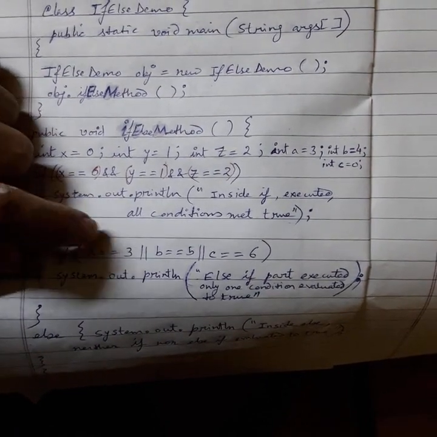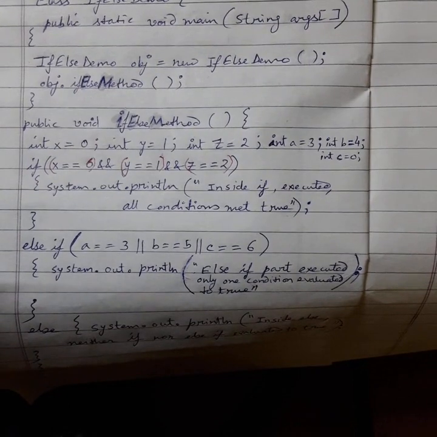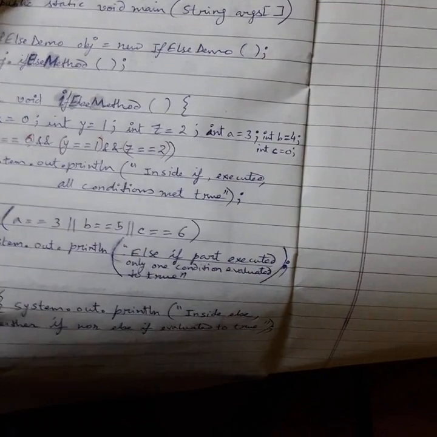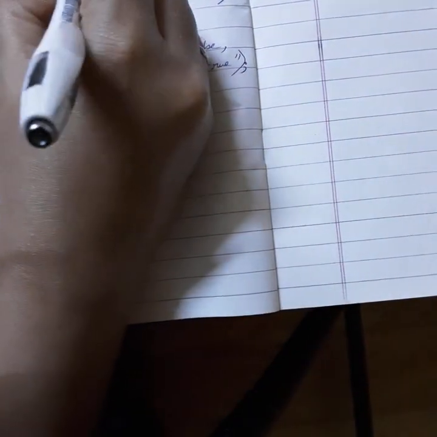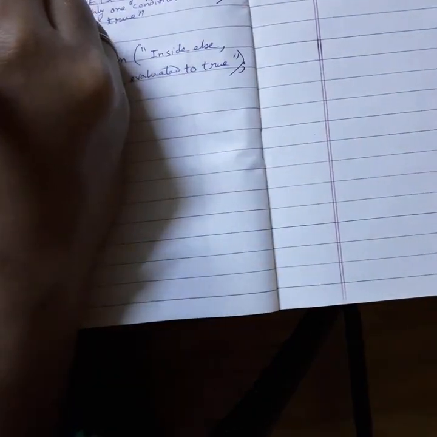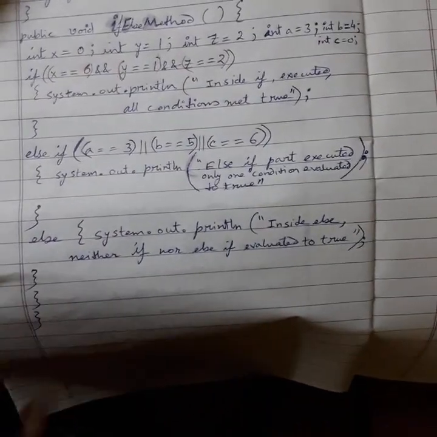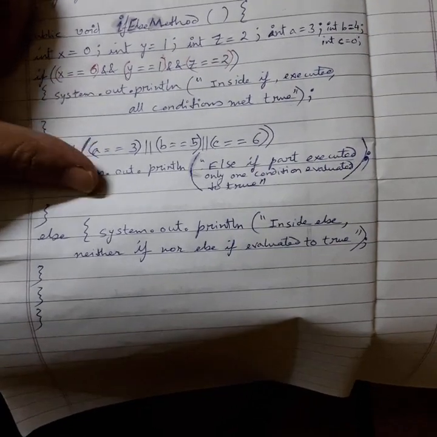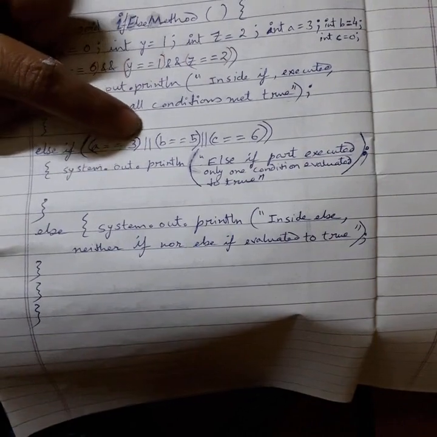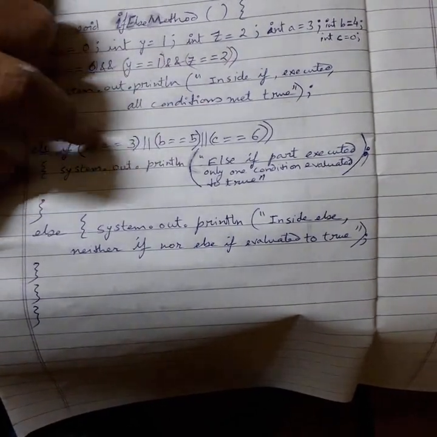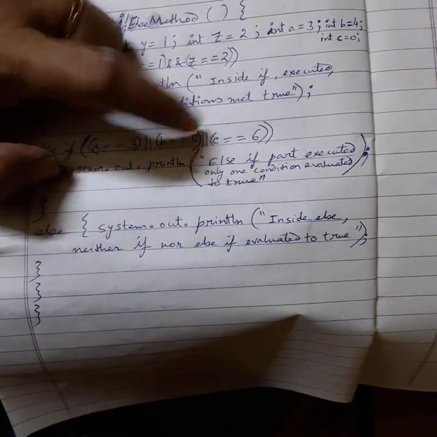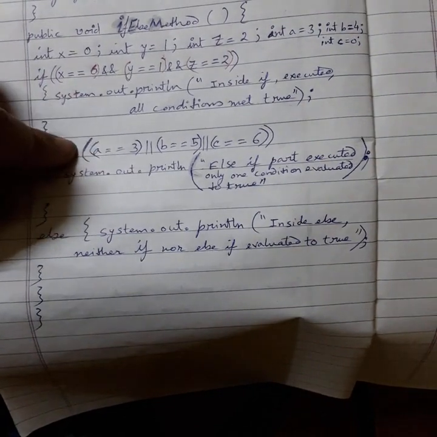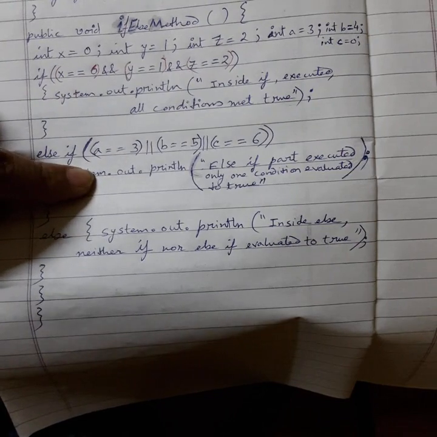So in the else if part, here we have used the or, which means that if this evaluates to true or this evaluates to true or this evaluates to true, if any one is fulfilled, it evaluates to true, and the else if portion is executed.